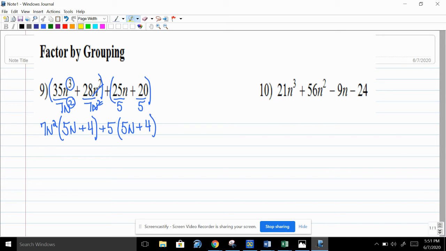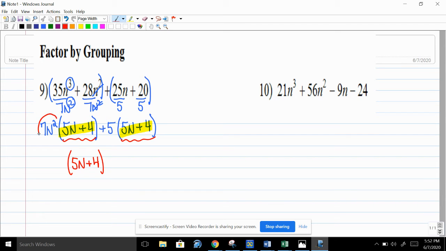Now, what you should notice is that the binomials on the inside of each of those groups are exactly the same. That is exactly what should happen. If that does not happen, guys, in all likelihood, you did something wrong, so you've got to go back and check. Once you do that part, guys, you're home free. Whatever the binomial is that repeats, in this case the 5n plus 4, that's going to make up one group of your final answer.